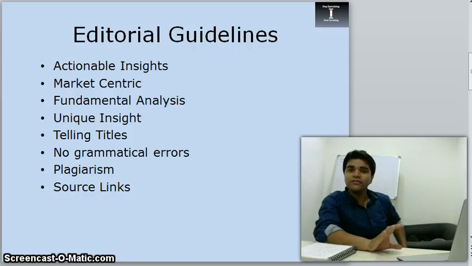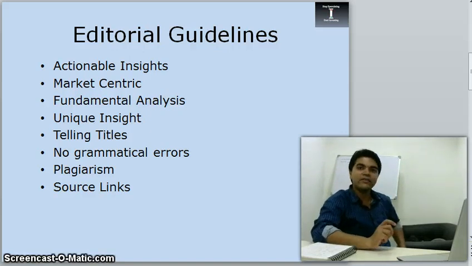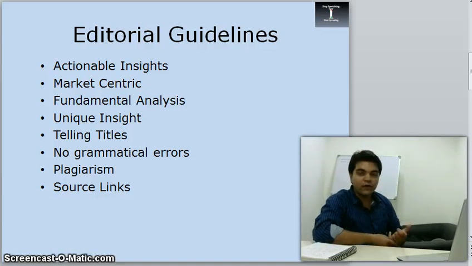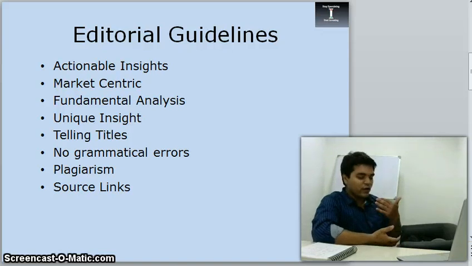Fundamental analysis is where you analyze a company based on its operating stats and its operating qualities. What is it that the company is doing well? How are its returns? How is the company poised to grow? Whether they are entering new markets or coming up with a new product.